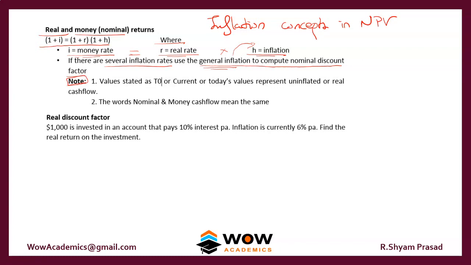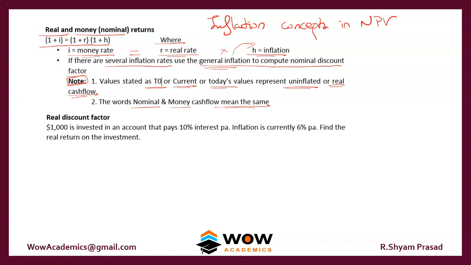Note: values stated as T0 or current or today's value represent uninflated or real cash flow, and the words nominal or money or inflated cash flow all mean the same element. So that is about the notes and the important concepts here.